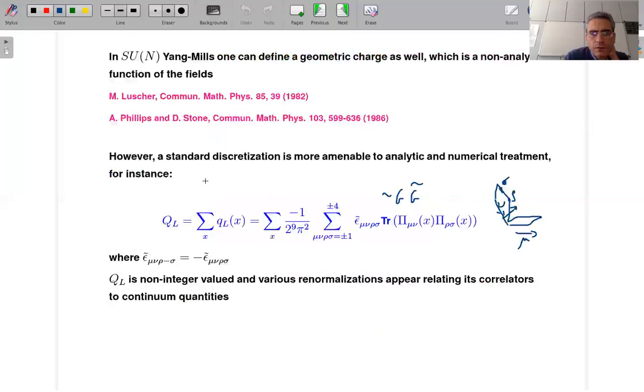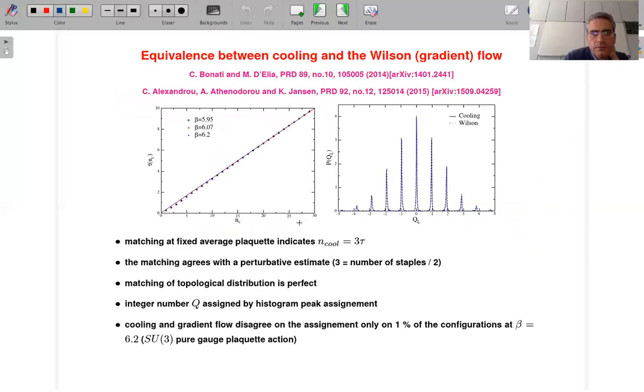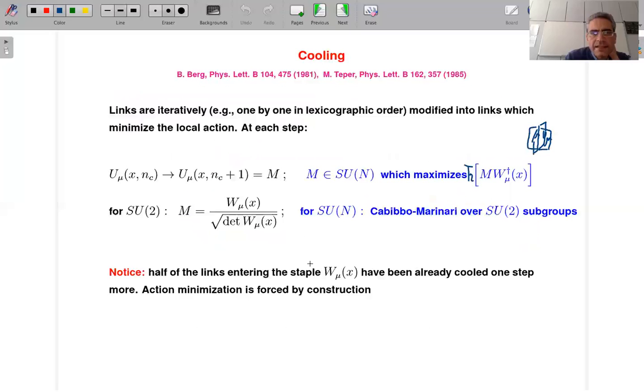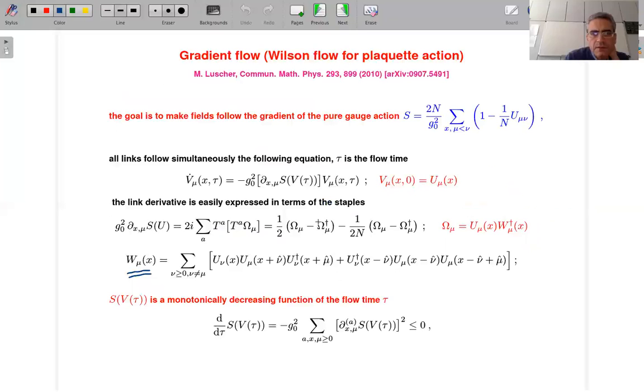So let me go to one of the first slides. Here, the quantity measured in that plot is just this gluonic definition, which usually renormalizes and is non-integer valued. But this is now measured over the smoothed configuration.